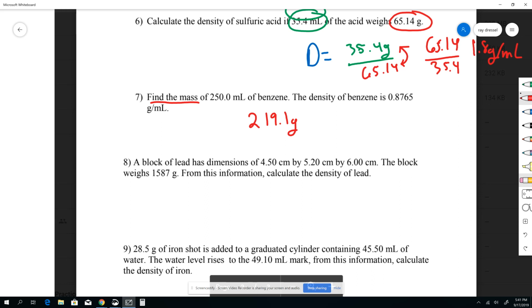The other way you can find this: if density is equal to mass over volume, and I want to solve for mass, I multiply by V. When I multiply on the other side, a number over another number cancels out to 1. So mass is equal to volume times density. In this case we have our volume right here times this one here, and that is going to be measured in grams.